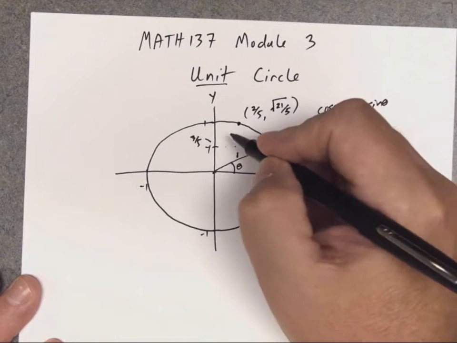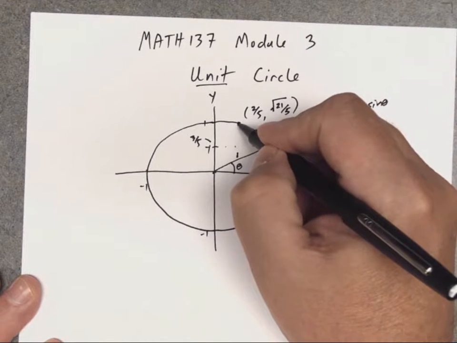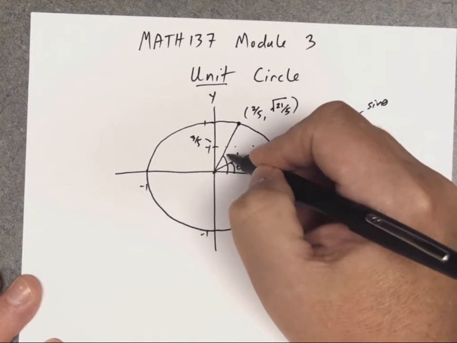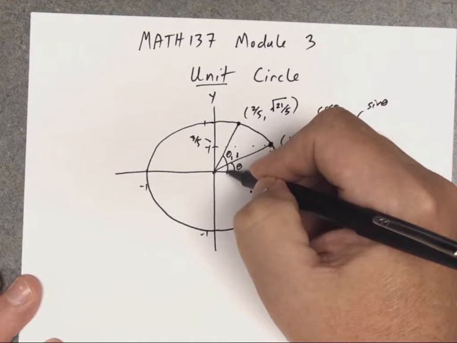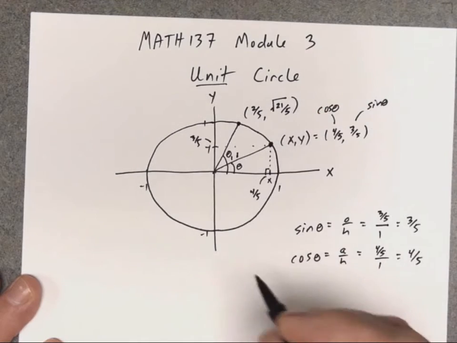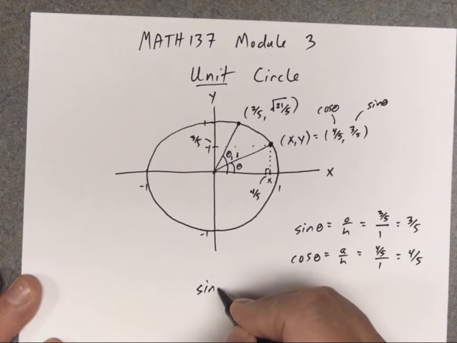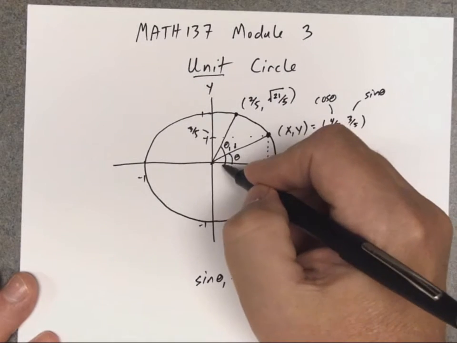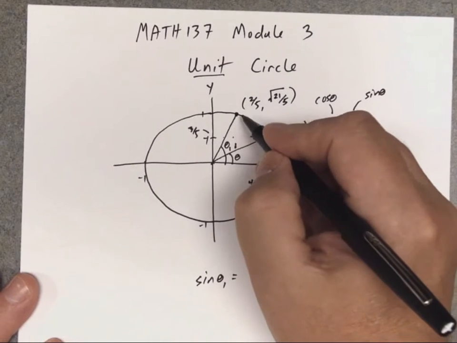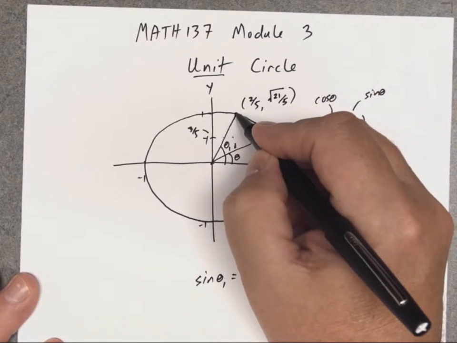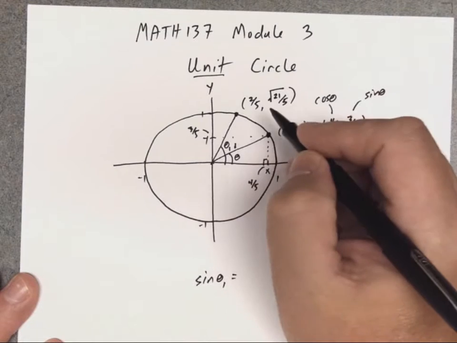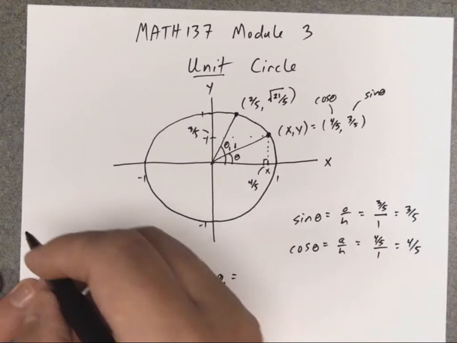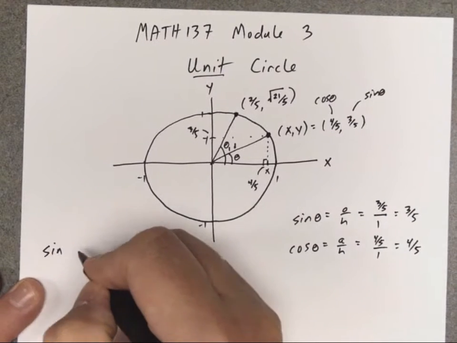If I decide to use this point to create an angle, I'll call this angle theta 1. And I decide to get the trig functions of this angle theta 1, you know what? Because I know the x and the y of this point here, I don't have to do anything. The sine is always the y value.